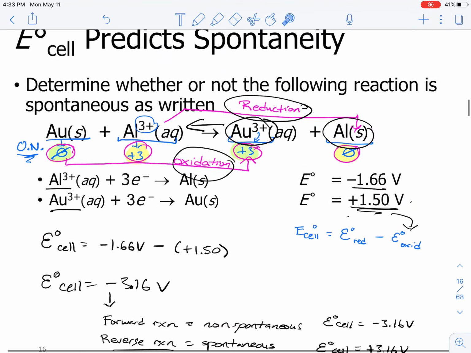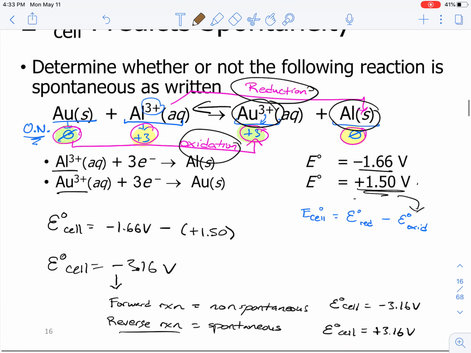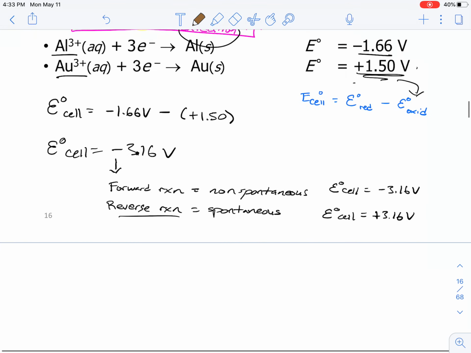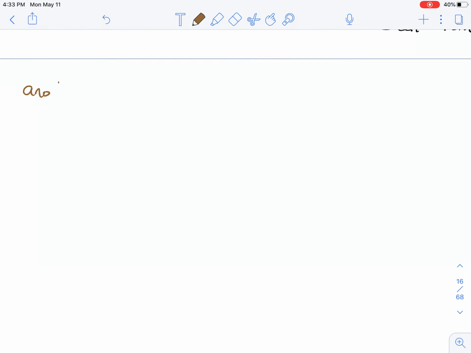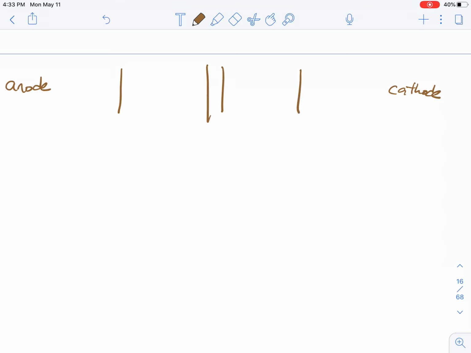Very quickly, I want to talk about the cell notation again. Remember that the cell notation describes the transfer of electrons from anode to cathode. And typically, what's first written is the solid version of that chemical species. In other words, that's going to be the electrode.